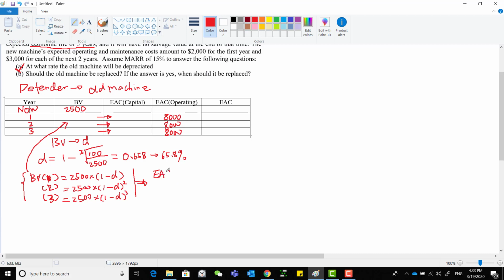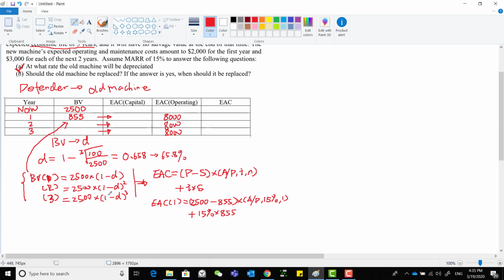Just to refresh the memory, our EAC equals the purchase price minus the salvage price, times A over P at the interest rate, plus I times S. For example, EAC1: after we calculate, this value here is 855, so that will be minus 855, times A over P at an interest rate of 15% for year one, since we decide to keep the defender for 1 more year, and then plus 15% times 855.